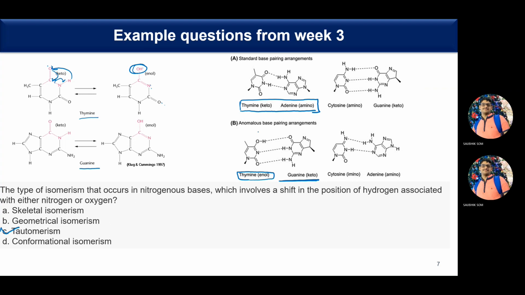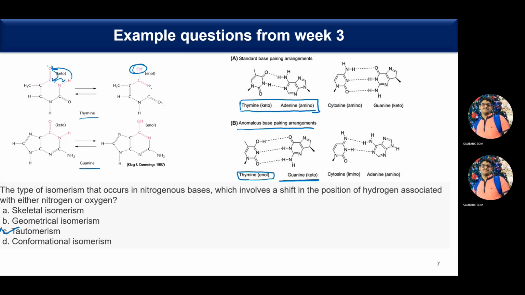So now this kind of anomalous base pairing actually leads to mutations in the DNA. There are separate mechanisms, I don't know if they will be taught in this course, but there are DNA repair mechanisms that take care of this kind of mismatch inside the DNA, because T cannot bind with G in our system.